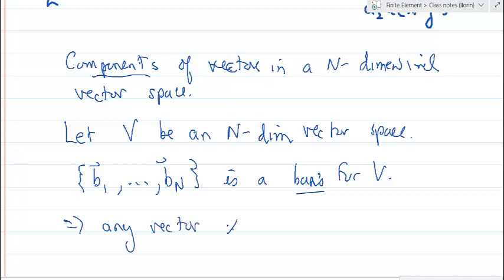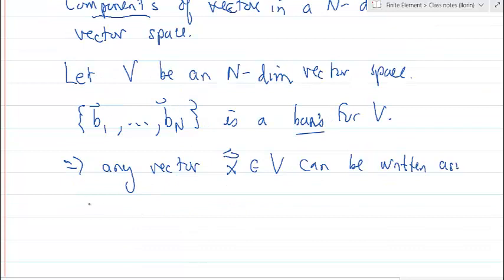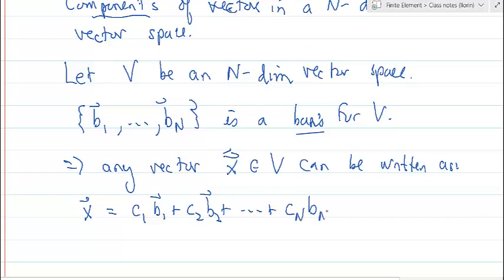which I could call x, for instance, any vector x which is in V can be written as x equals c1 b1 plus c2 b2 plus dot dot dot plus cn bn.